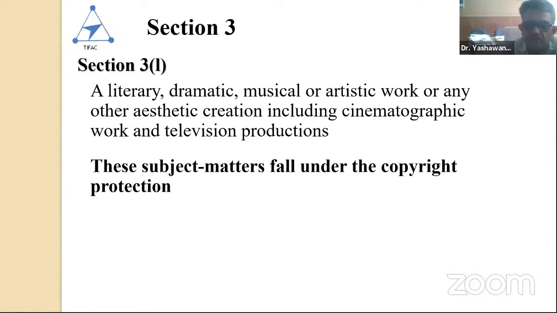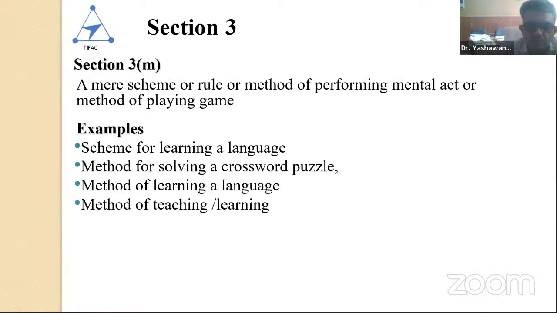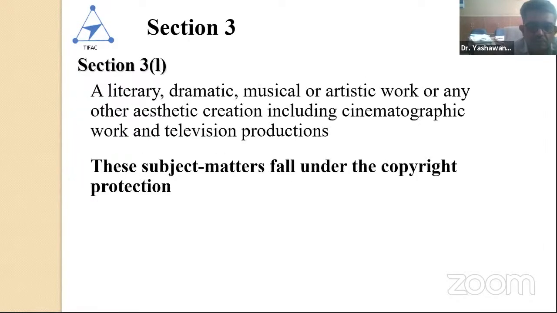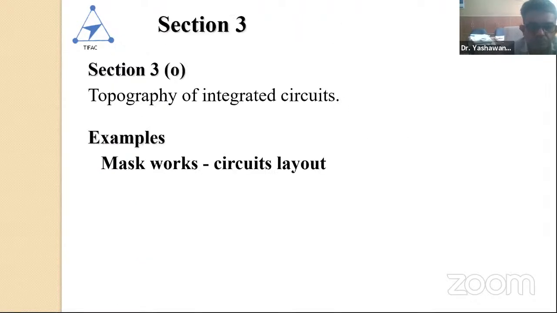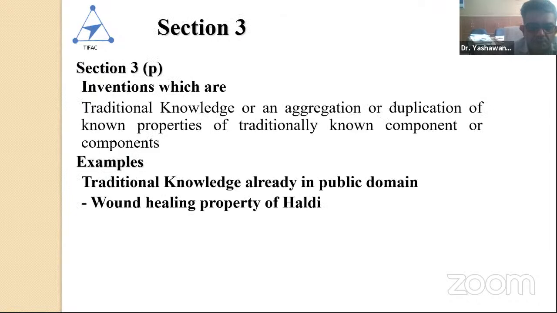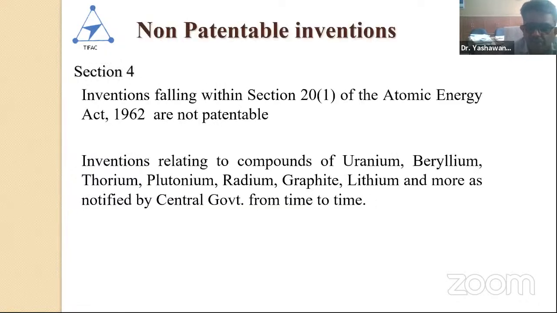I'll not go into all these not patentable, but still we can find something patentable. Atomic energy related.